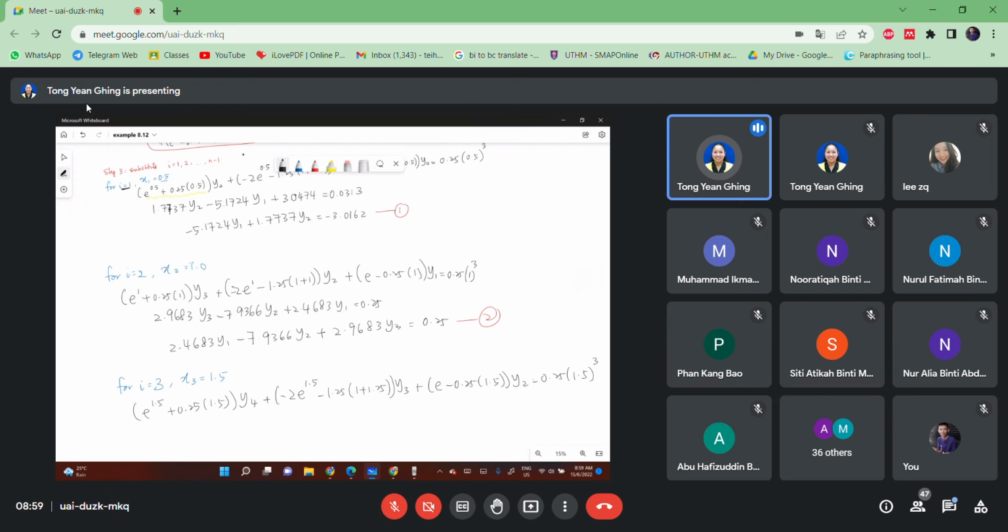Y4 just now given is 5, right? Y4 given is 5. Kan? Yes. So now here this one is 5.